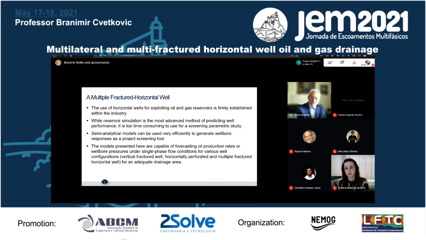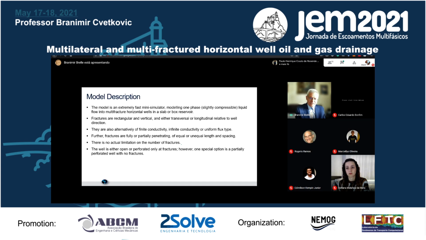With the simulation model, you need to collect all the data. Here you have to presume a mean value, some kind of reasonable value to cope with, and then you get some output. So I'm also putting forward that semi-analytical models can be used very efficiently to generate wellbore responses as a project screening tool. That is basically the purpose of this presentation.